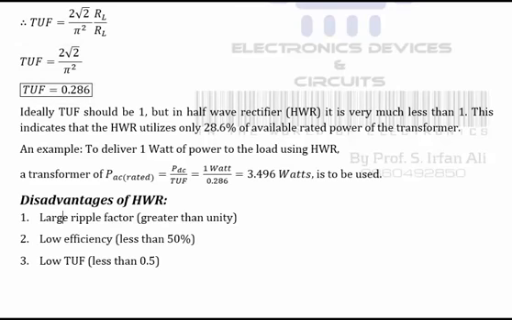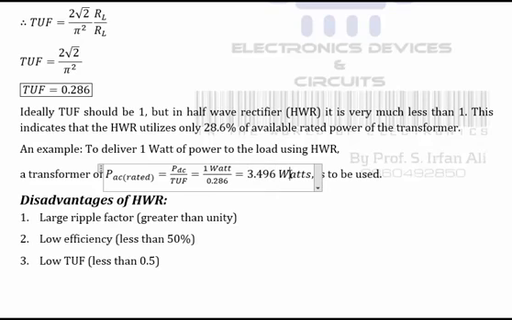So using TUF you can also find the transformer rating. If you want to make a rectifier that should supply 1 watt at the output side, and you want to use a half wave rectifier, then you must have a transformer of 3.496 watt.